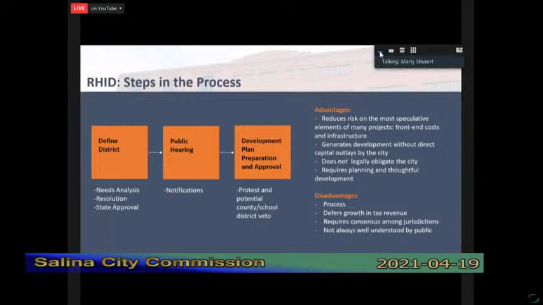If you're the developer and you've loaned your own money or your bank's money to finance an RHID, then again it's the developer's financial risk or the bank's financial risk, but the city is not on the hook in terms of its full faith and credit to make a district that's underperforming whole.